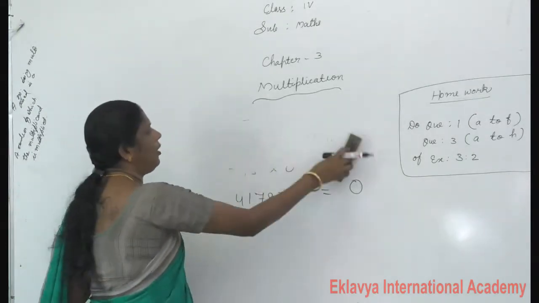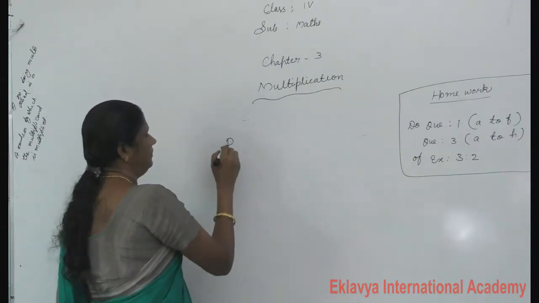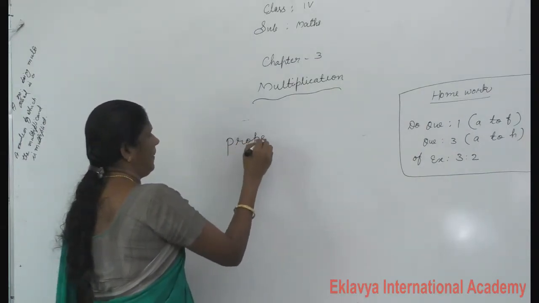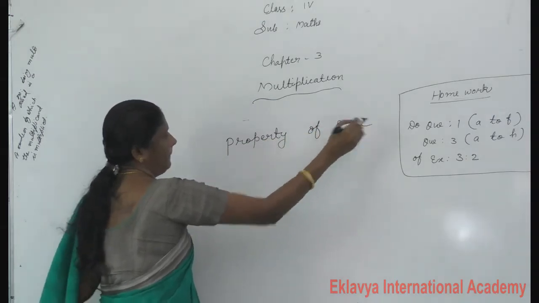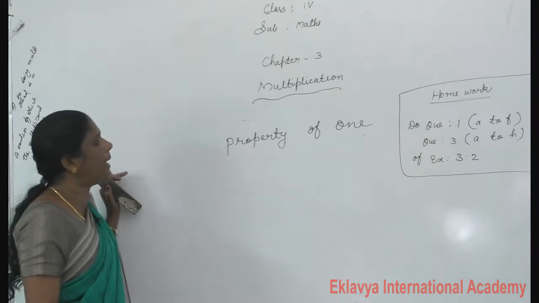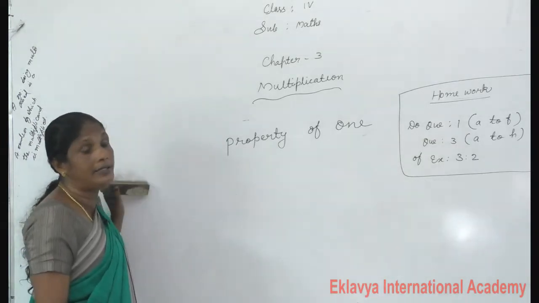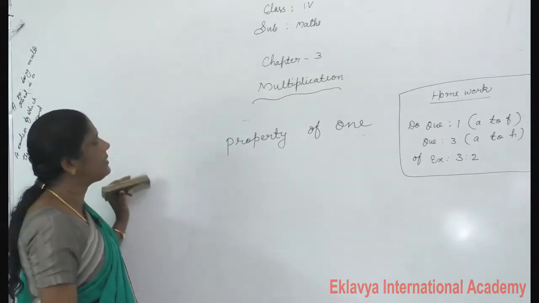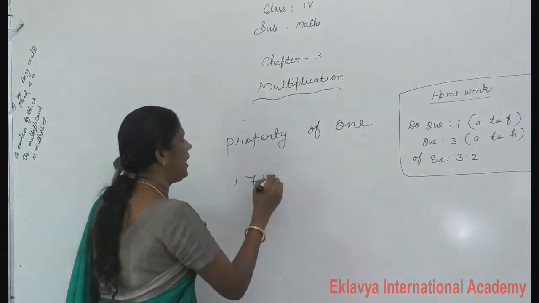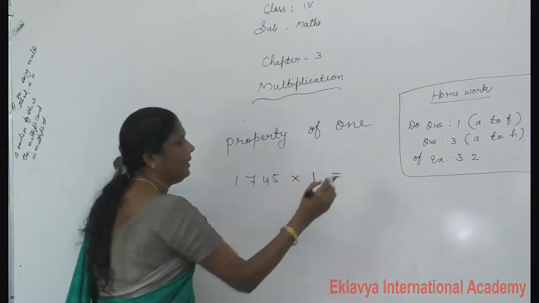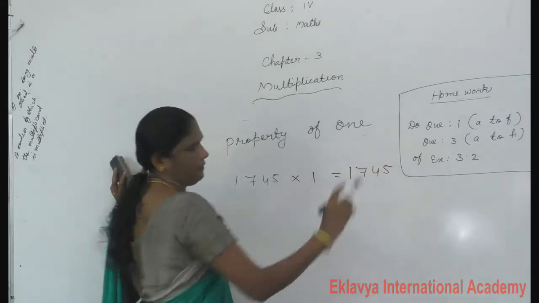Then the property of 1. When we multiply any number by 1, the result is the number itself. 1745 multiplied by 1 is equal to 1745.